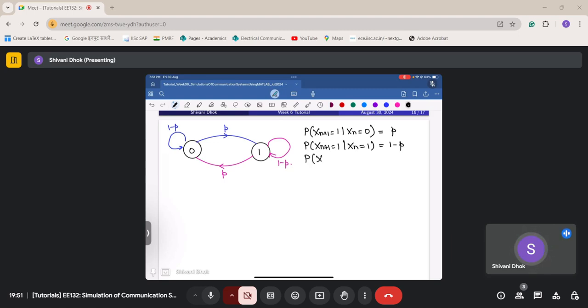Similarly, the probability that x(n+1) equal to 0 given xn equal to 0 is 1 minus p, and the probability that x(n+1) equal to 0 given xn equal to 1 is p.